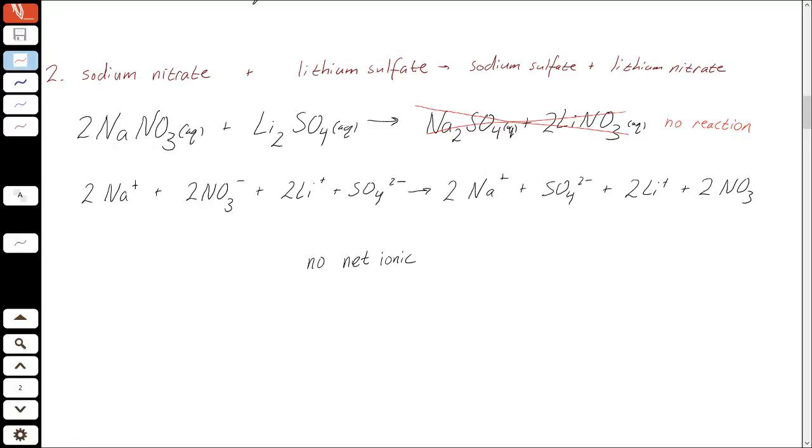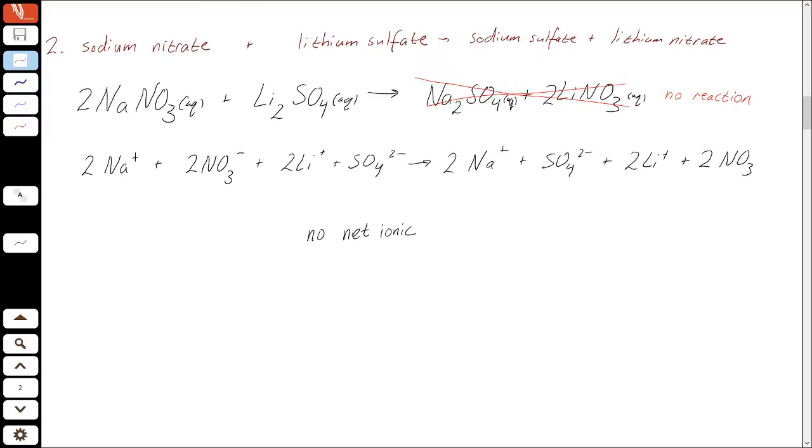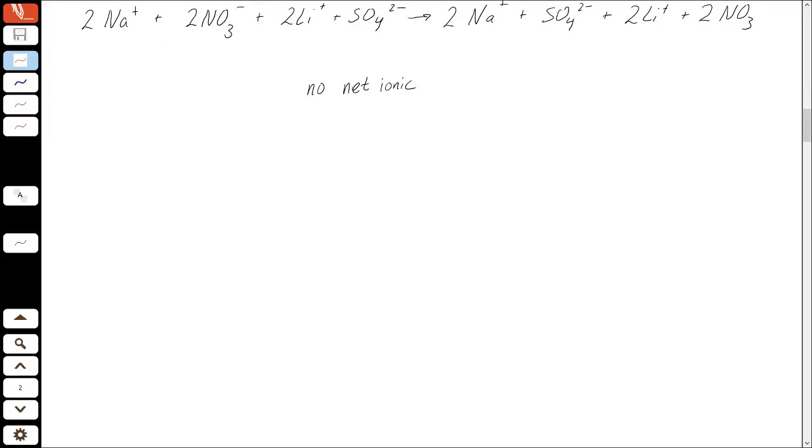Okay, we're going to look at 3 other types of, actually 4-ish, we won't get to it today, but a couple other types of aqueous reactions that are not precipitate reactions, but that can still be written in these forms, and we can still have complete and net ionic equations.